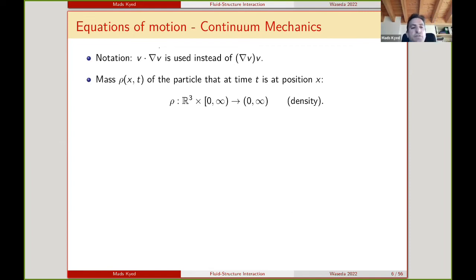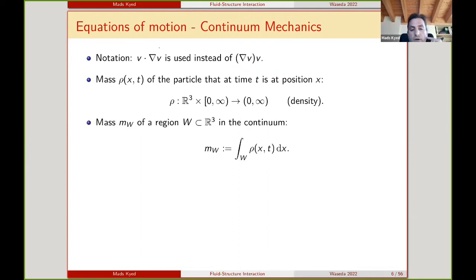Okay, we need to introduce mass. So the mass density we denote in a continuum. This means the mass of the particle that at time t is at position x. So this is an Eulerian description of mass, and the Eulerian description of mass we denote by rho. Okay, so also rho is the mass density.